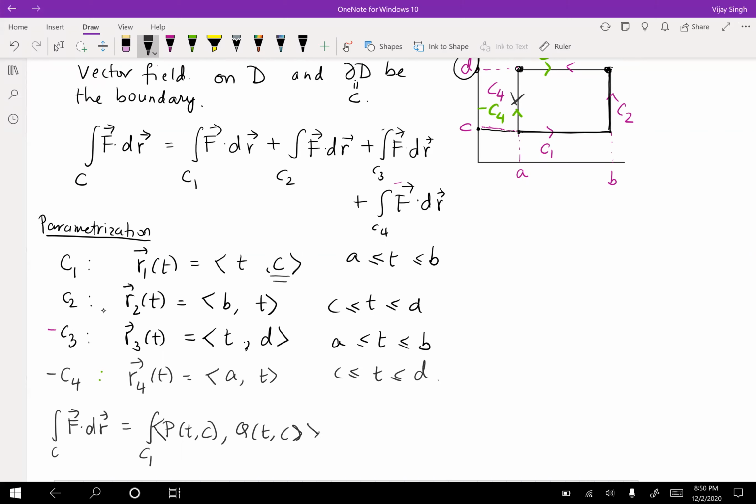What is dr1? dr1 is going to be the derivative of this with respect to t. So it's going to be (1, 0) dt.